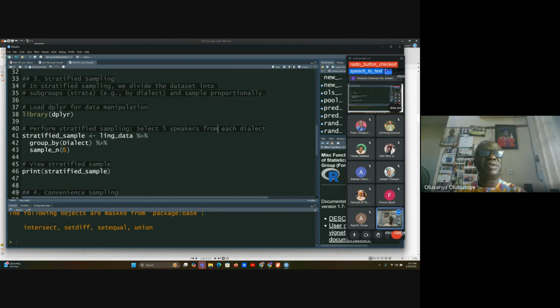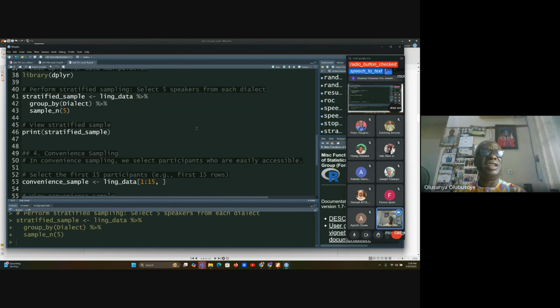So I need 5 from each dialect. So I use this command. It's going to group them and select 5 from each group. So I run it. Then I can see those that have been selected.